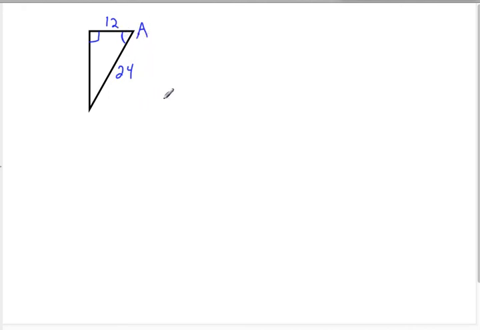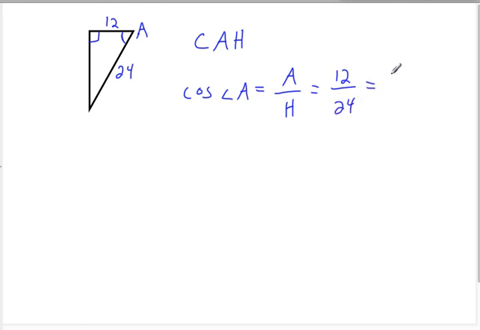What we can do is, this is the adjacent and this is the hypotenuse, so we know adjacent and hypotenuse, so that would be CAH, so cosine of angle A is going to equal the adjacent over the hypotenuse, which we know both. We know adjacent is 12, hypotenuse is 24, so that is 1 over 2. Since we're using a calculator, we'll say that is 0.5.